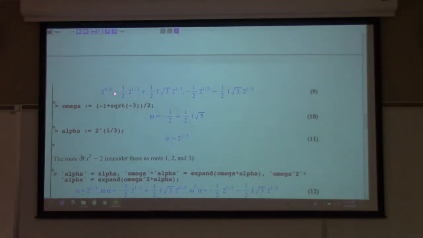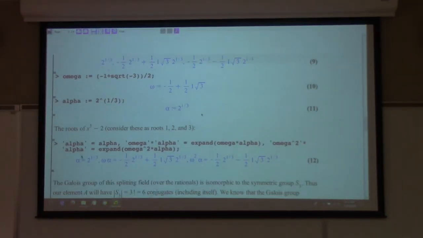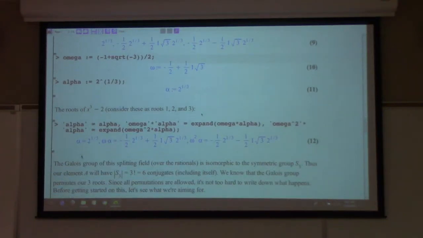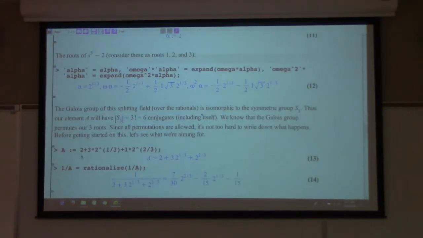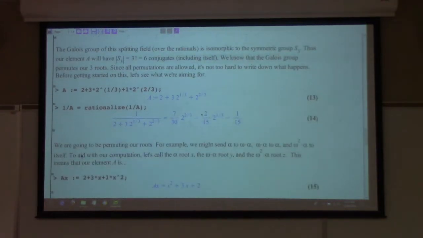Anyway, moving on, so there's your solutions to x cubed minus 2. It's still ugly, I'm sorry, but you get used to it. He creates names for the roots: alpha, omega alpha, omega squared alpha. So the number we want to rationalize is a.